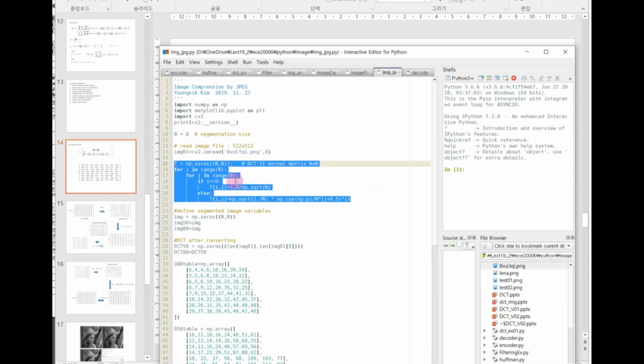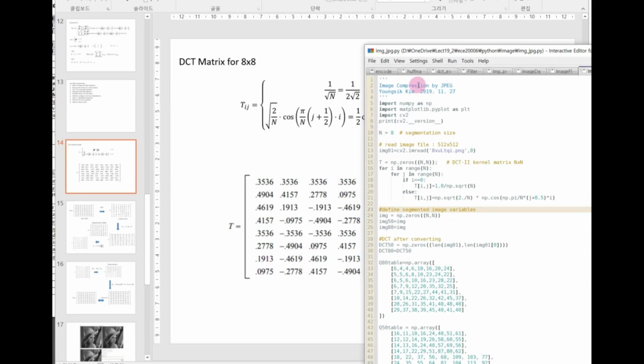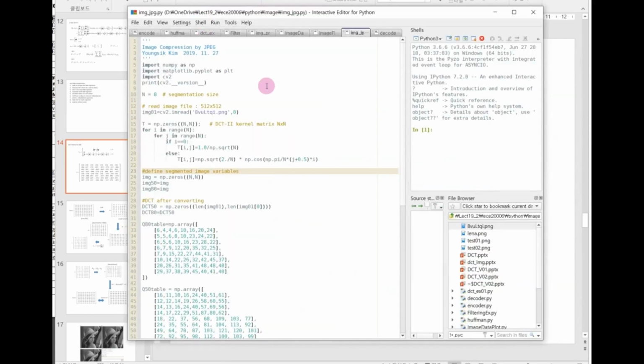This routine generates the T matrix to convert the two-dimensional DCT, and I make the 8x8 blank image. The original image is stored here, and quantization table 50 will be created here, and quantization table 80 will use this one.